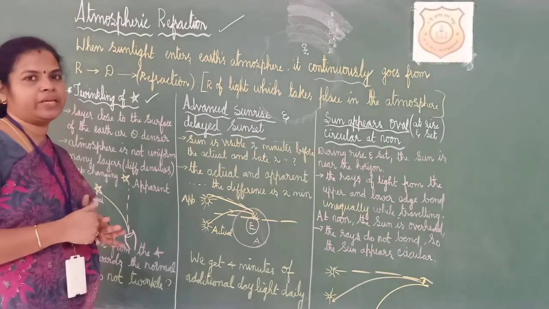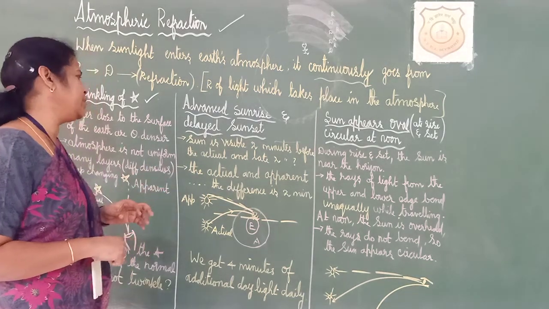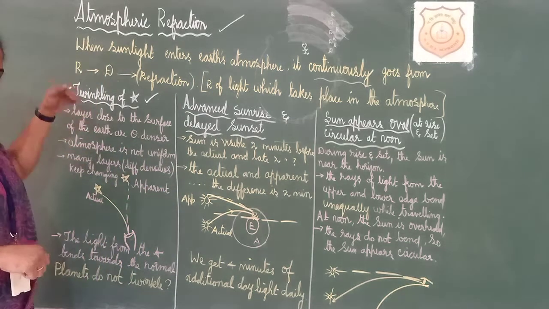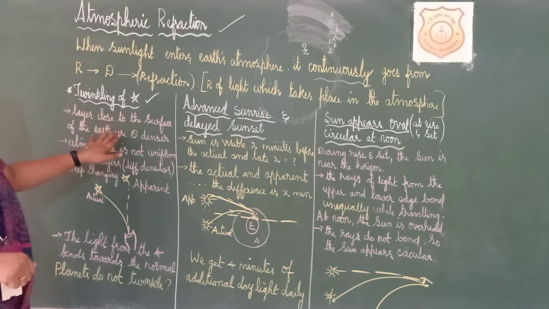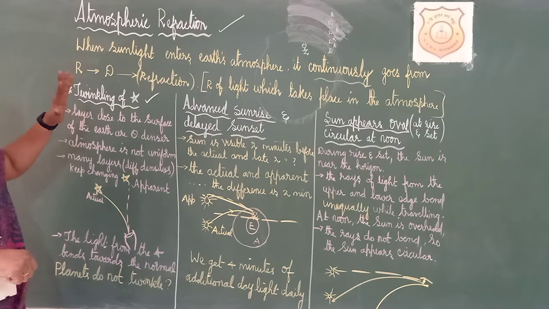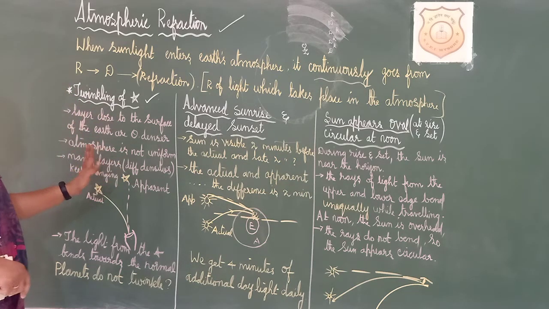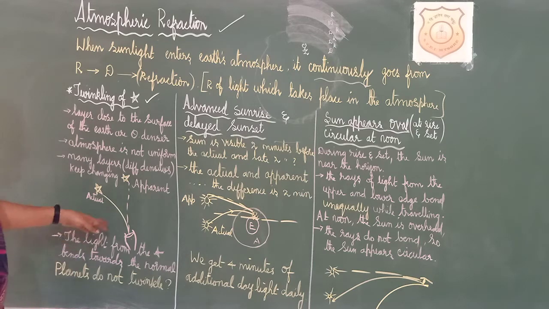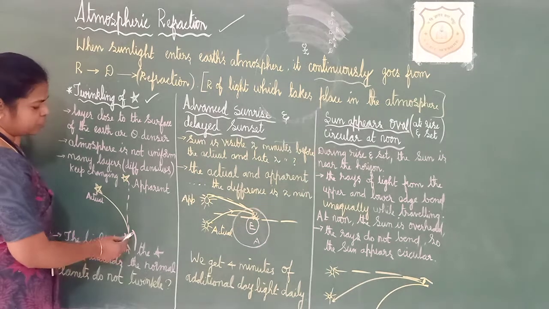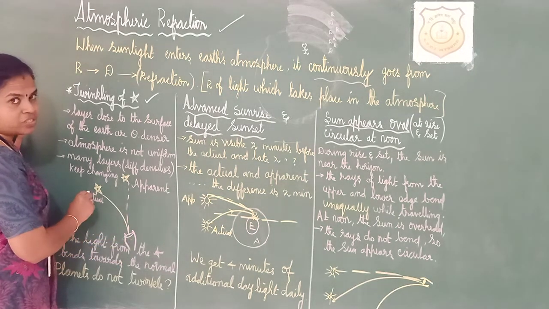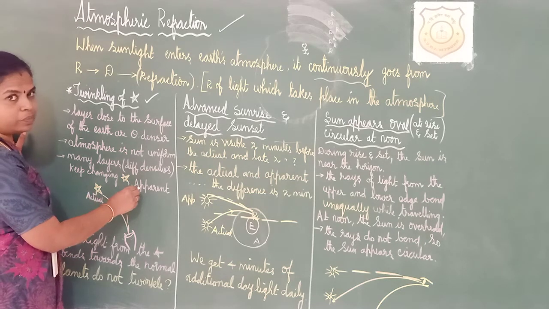Then how is it happening? Atmospheric refraction, how is it happening? When the light is passing, the layer which is close to the surface of the earth is optically denser. The atmosphere is not uniform. It has different layers with different densities. So the change is happening. Then you should draw this diagram. See, one eye. The actual position of the star is here. This is the apparent position.